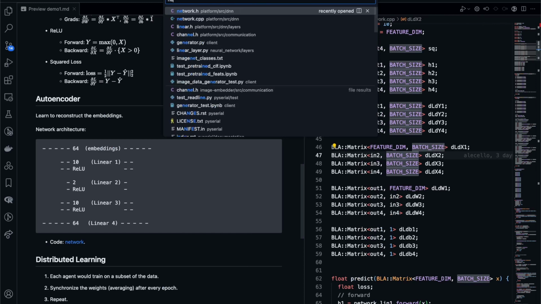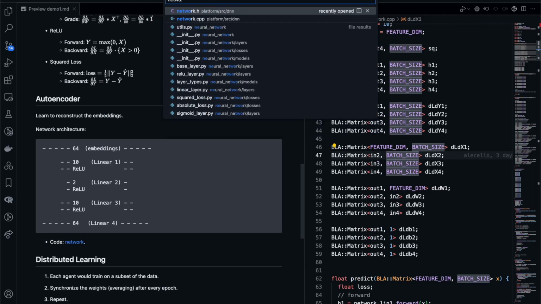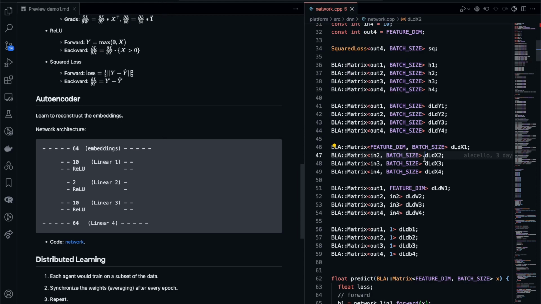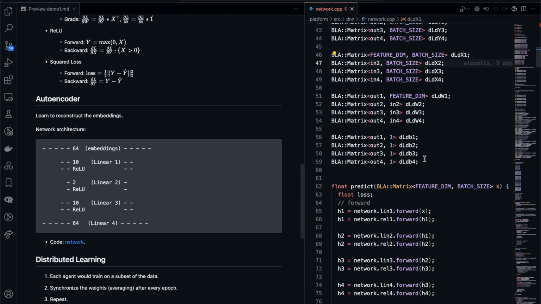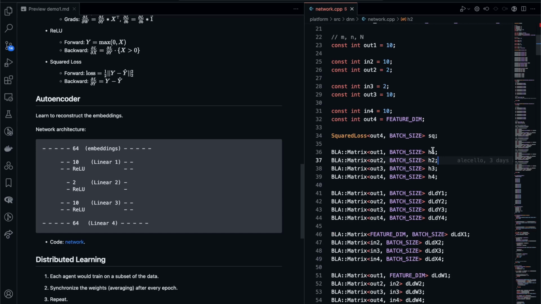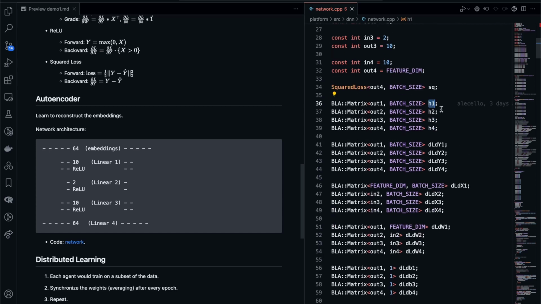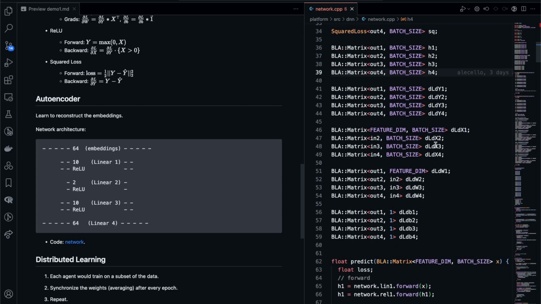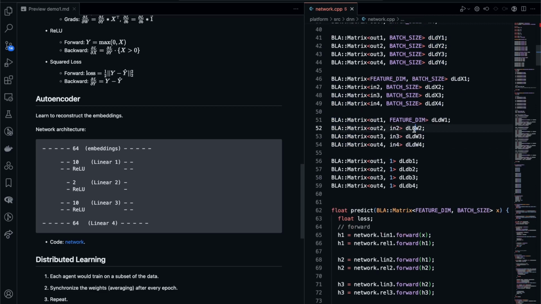And then we would network. First we would initialize all the hidden outputs, that would be the matrices here, H1, H2, H3, and H4, the upstream gradients matrices, the downstream gradients, and the gradients of the weights.